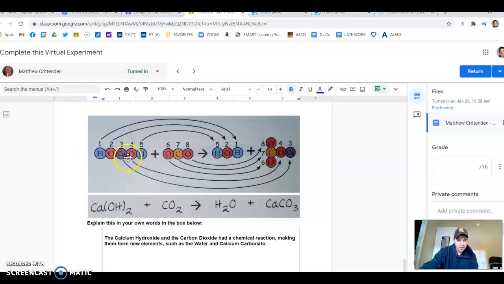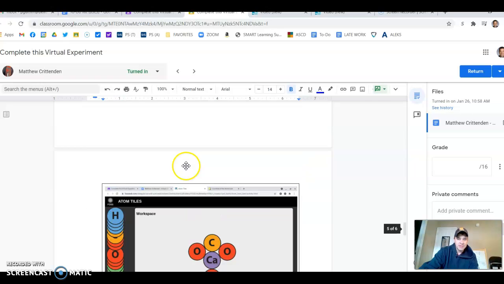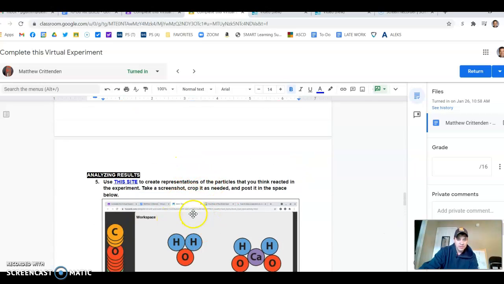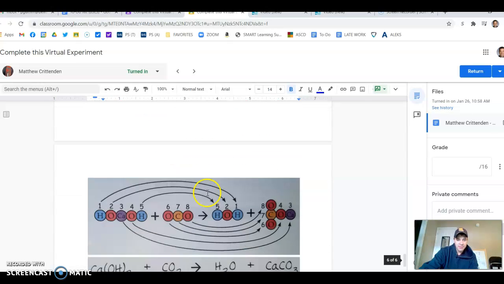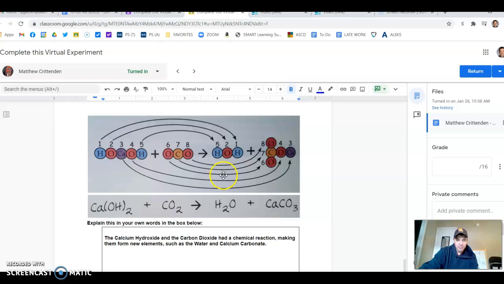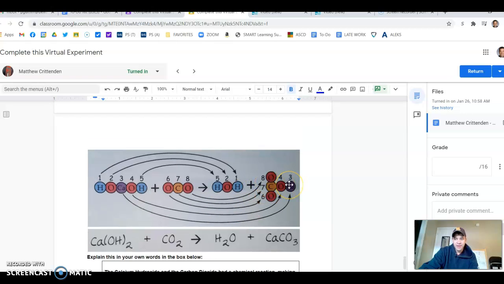This section, the calcium hydroxide, so the lime water, which is all this, number 1, 2, 3, 4, 5, and then the carbon dioxide, the OCO, okay, those were the reactants. Those were the things that were combining together. So that's really what you should have had up in this first box to say, well, what were the particles that were reacting? In the second box, we should have had this stuff. Okay, what was the product that happened because of it?